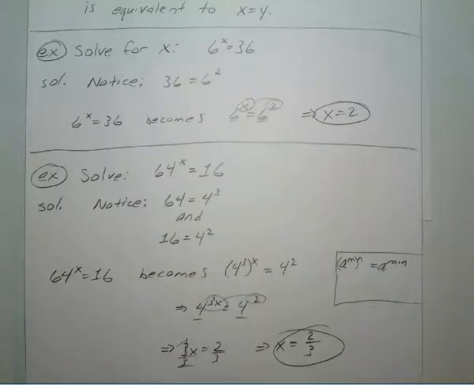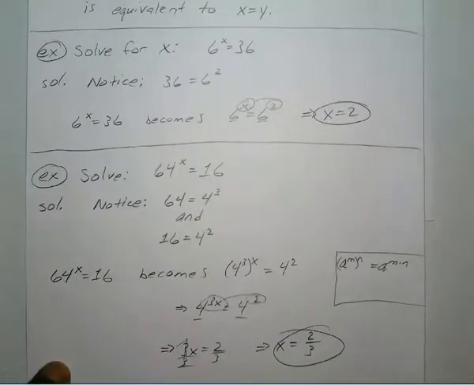Alright, so if you're still writing, please feel free to press pause. But we're going to go ahead and move on to our next example. Let me bring this down a little.